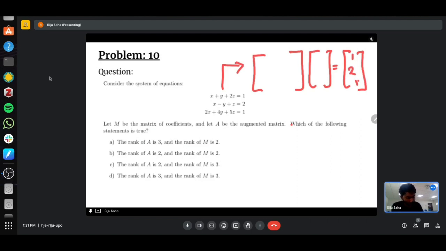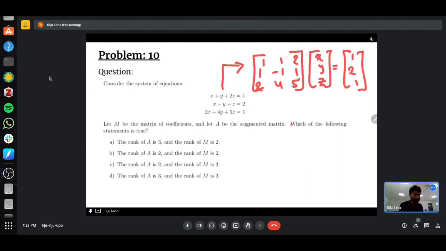And this column vector contains the variables, and this matrix is the coefficient matrix. It contains all the individual coefficients: 1 1 2, 1 -1 1, 2 4 5.